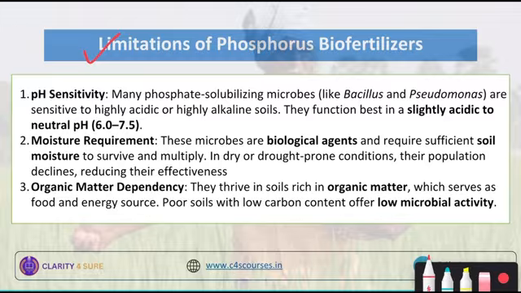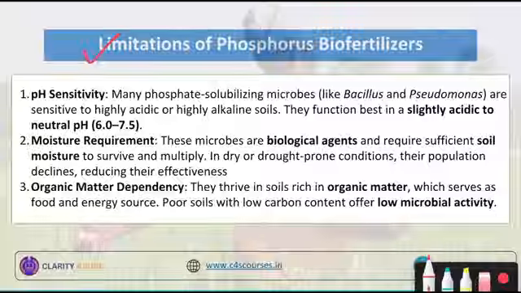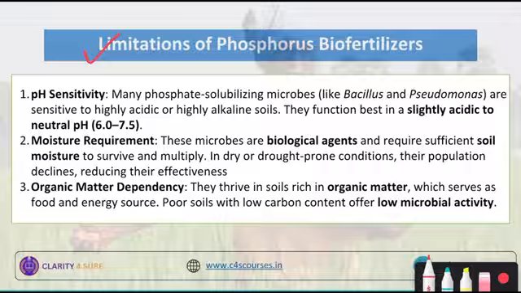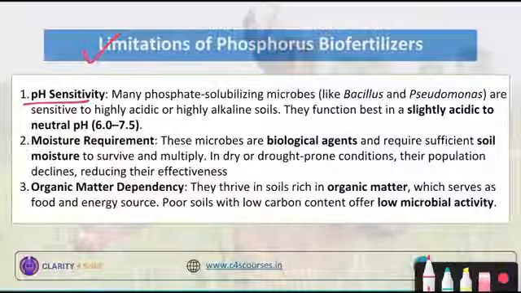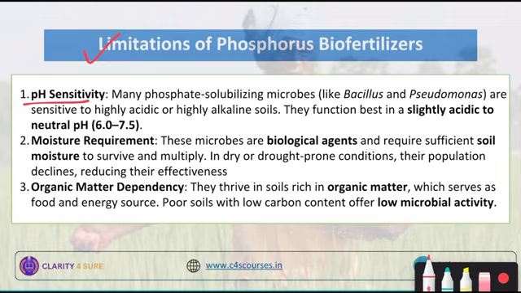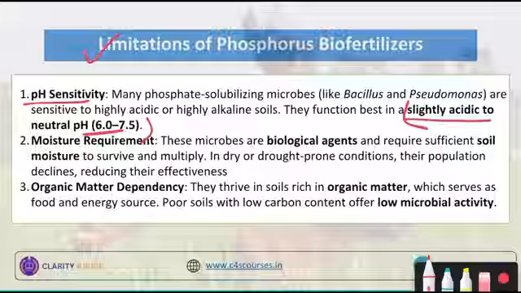Then these are the limitations. Even though it is really good for solubilizing phosphorus and making it available to the roots, there are some limitations that we need to keep in mind. The first limitation is that these microorganisms are pH sensitive, because they function best in slightly acidic to neutral pH, that is 6.6 to 7.5, and it is necessary to maintain this pH for effective functioning of these phosphorus biofertilizers.